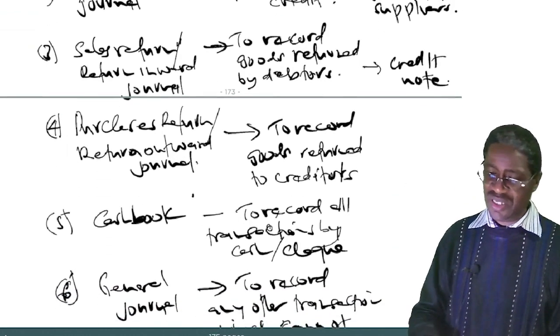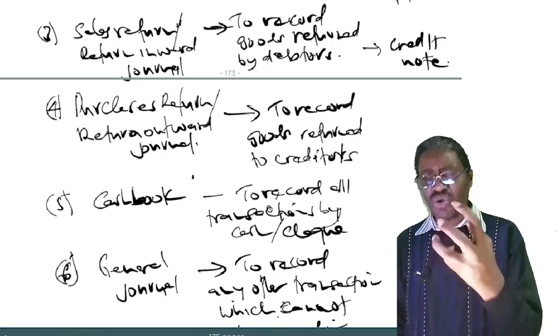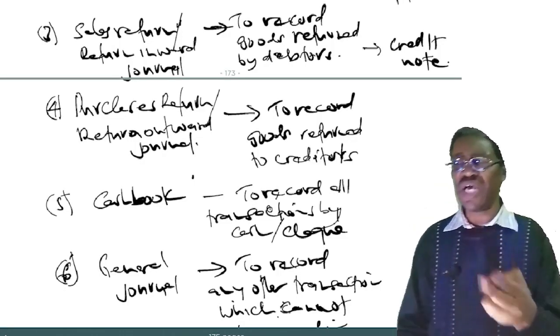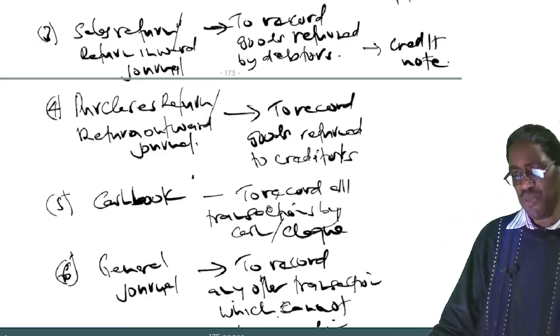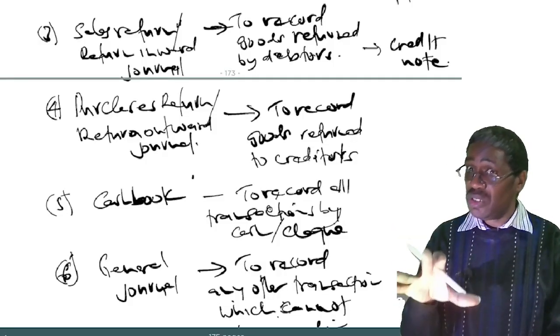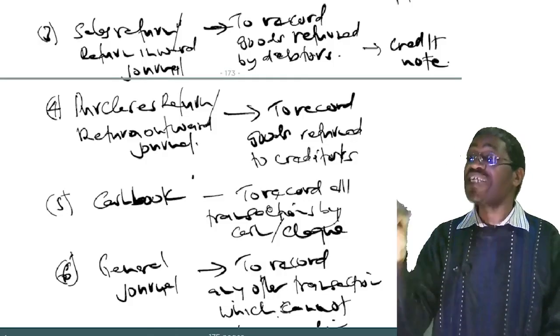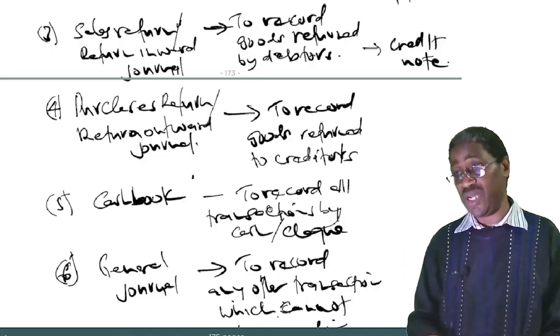Good. Next, number 4. What is the source document for purchases returns, or what we are calling Return Outwards Daybook? Before I go there, I told you we use it to record goods returned to whom? To creditors or suppliers.